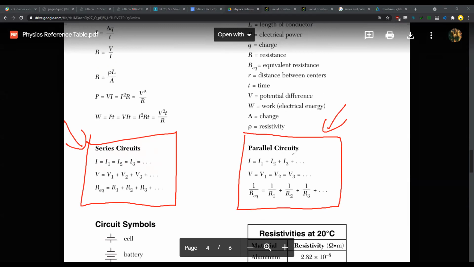We would spend a really long time going over these two things, because there's a lot of math involved in circuits. The concepts are okay. If you think the concepts are bad, then you would have hated the math. I'm letting you guys know right now. And this formula would come into play.